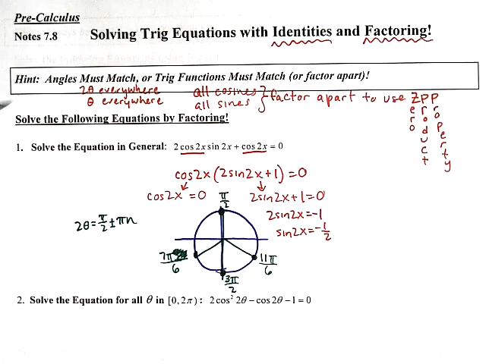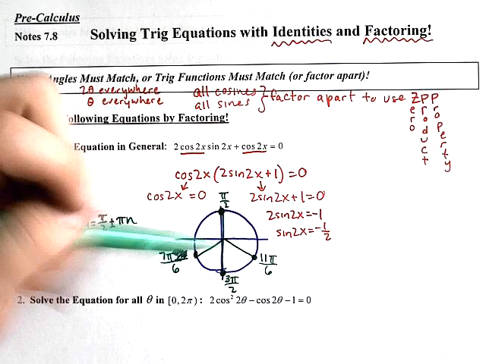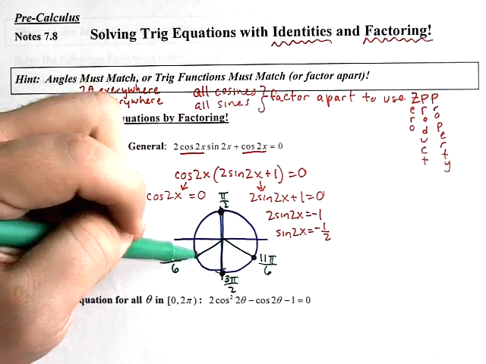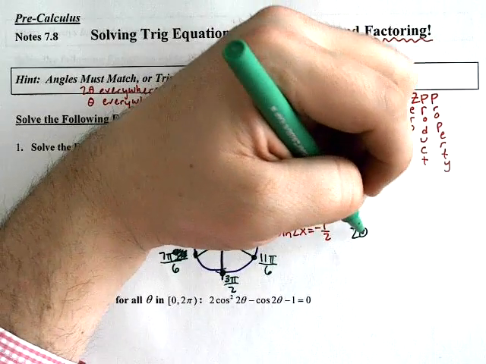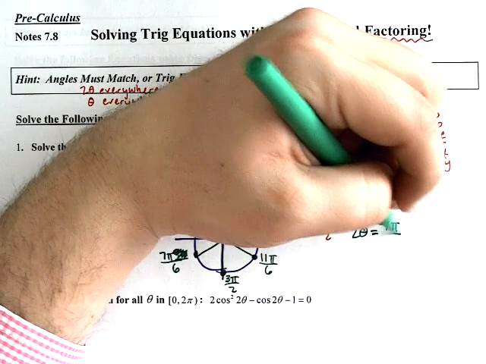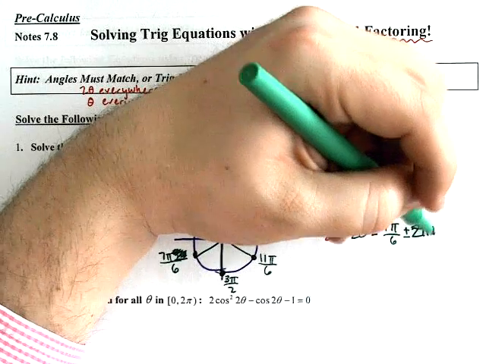And then, let's see here. I need 2 separate equations for the 7 pi over 6 and the 11 pi over 6, because I just need to go here and then all the way back around and around and around. So another, 2 theta equals 7 pi over 6 plus or minus 2 pi n.